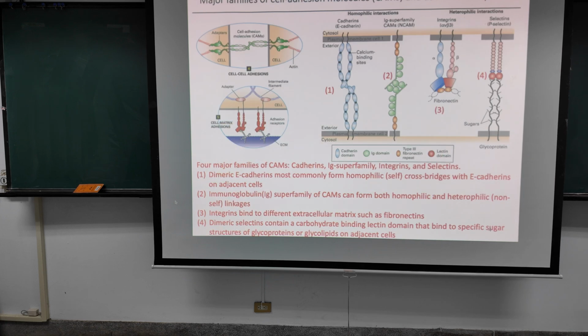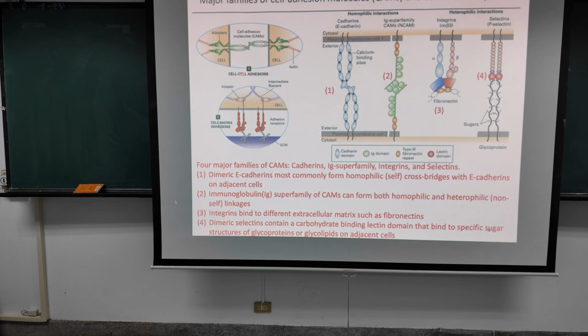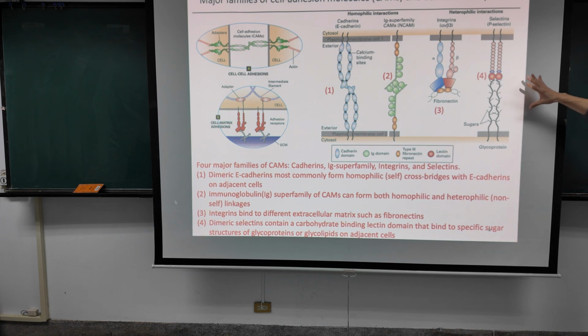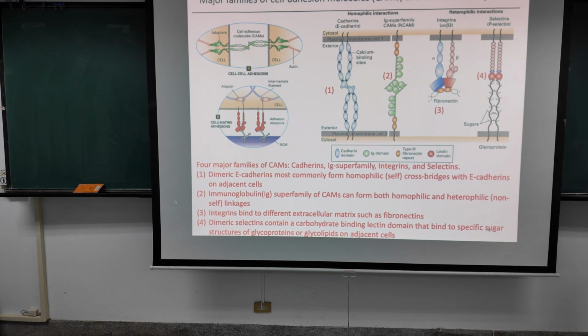So these are the 4 major cell adhesion molecules, or CAMs in short, and their receptors. This is one cell and its neighbor cells, this is the plasma membrane of this cell and the plasma membrane of the neighbor cells.